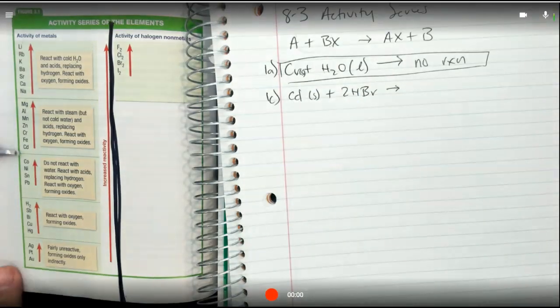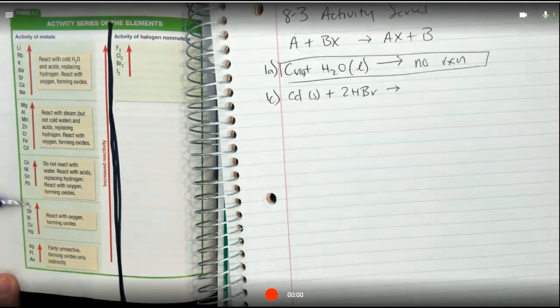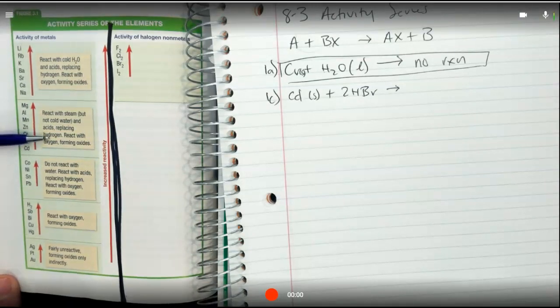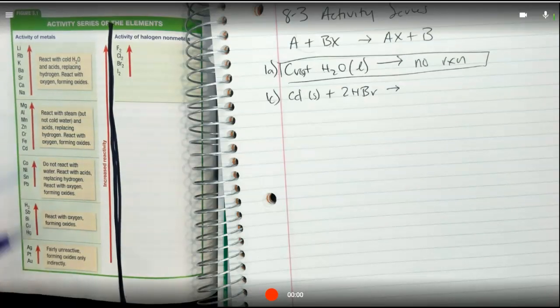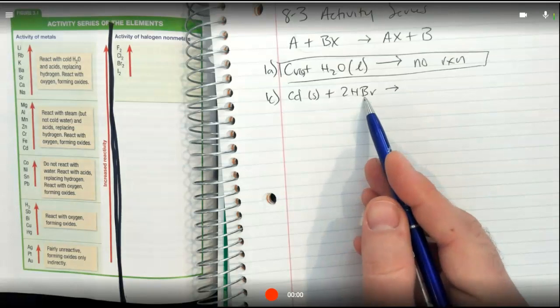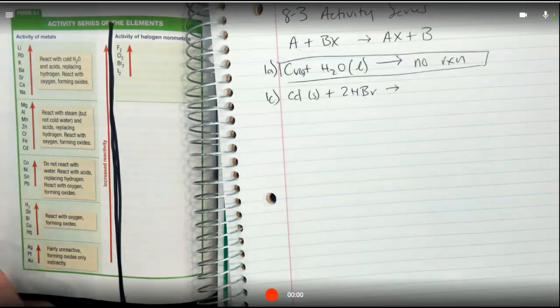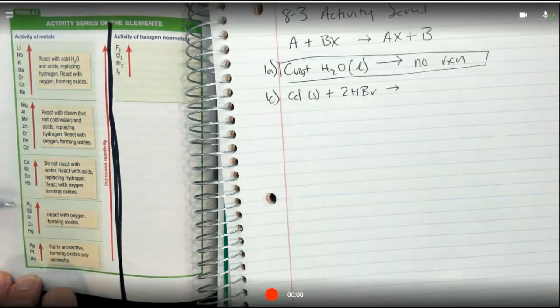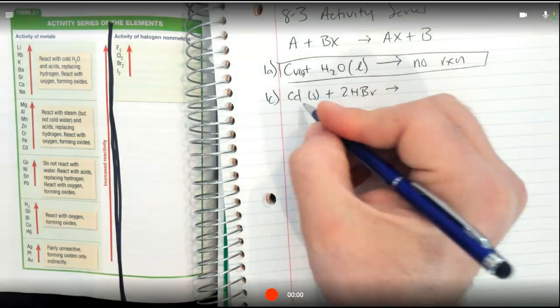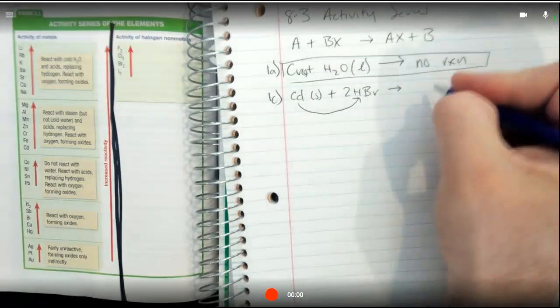So we find cadmium. It's trying to replace hydrogen. Cadmium is above hydrogen. Now if we take a look at the little box, reacts with steam, not applicable, and acids. Well, HBr, hydrobromic acid, is an acid. So cadmium, it's above hydrogen, so it can replace it, and it's with an acid. So cadmium's going to replace hydrogen here.